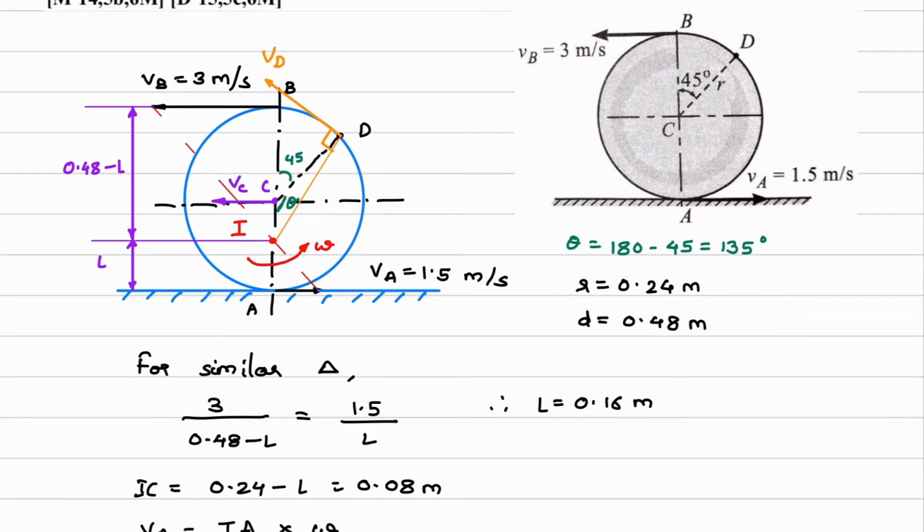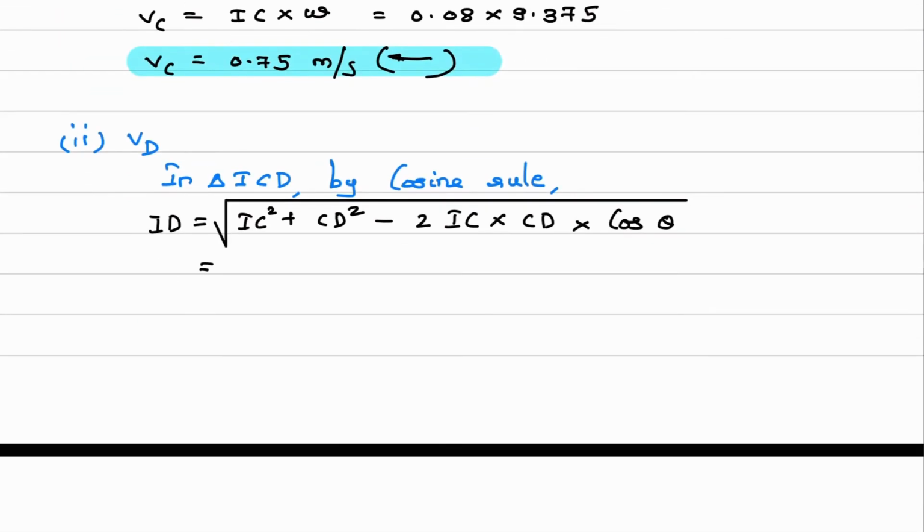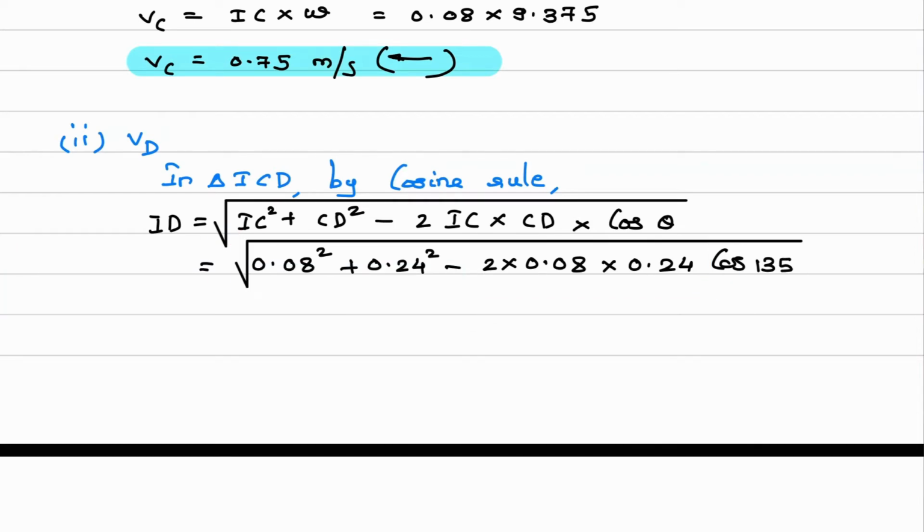So ID is equal to under root of 0.08 square plus 0.24 square minus 2 into 0.08 into 0.24 cos 135. If you simplify this, ID is equal to 0.3019 meter.